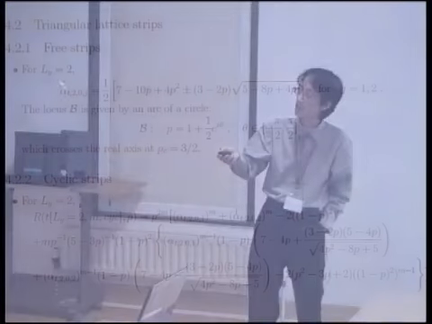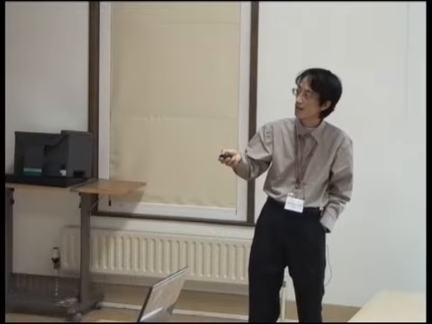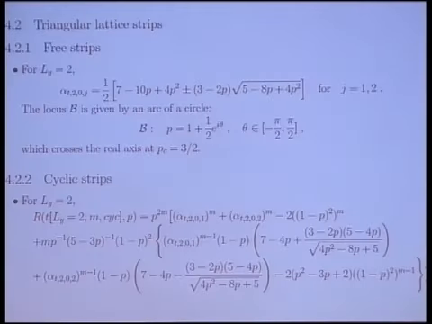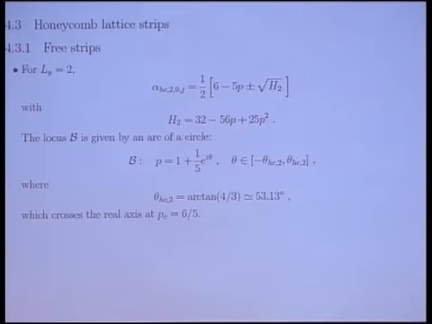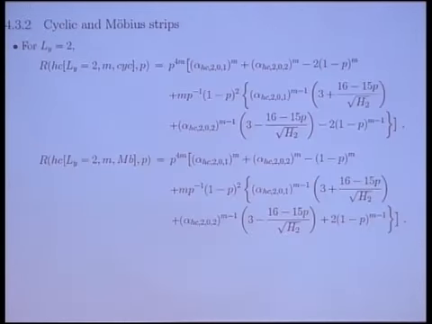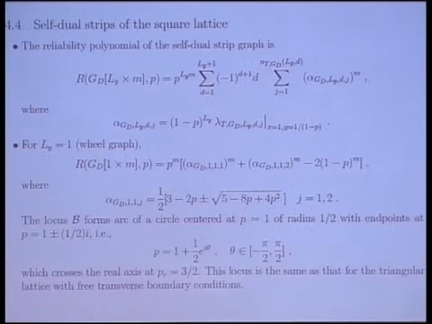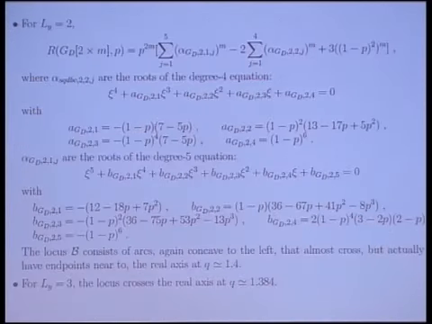So for the smallest width, we already got the p sub c we expect for the two-dimensional infinite lattices. Okay, and we can do the same thing for the honeycomb lattices and the self-dual strip of the square lattice.